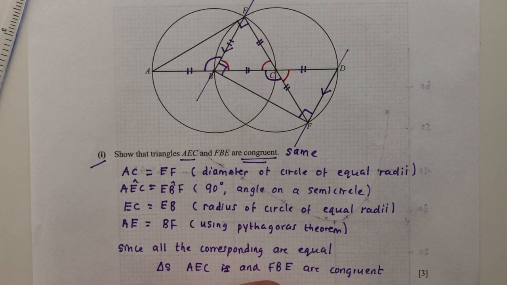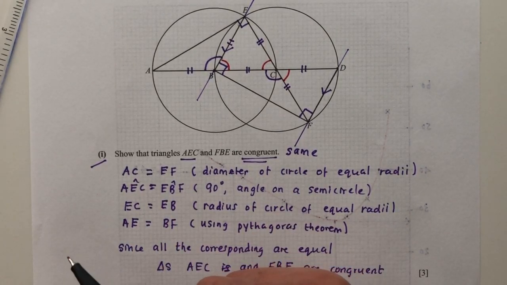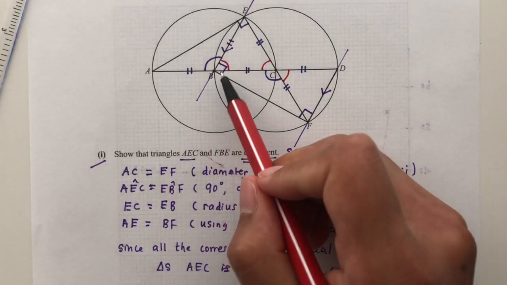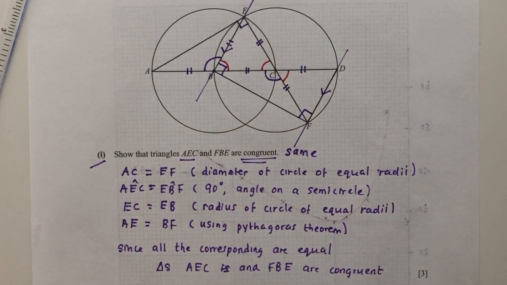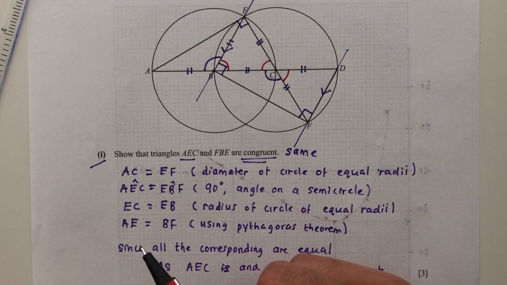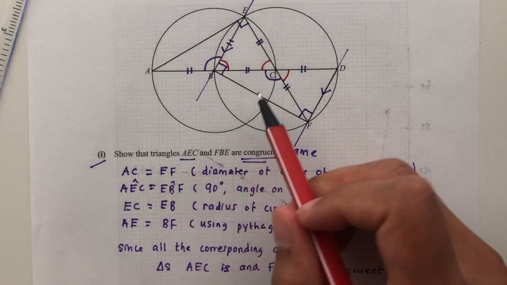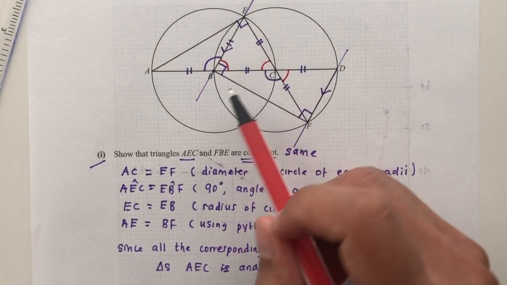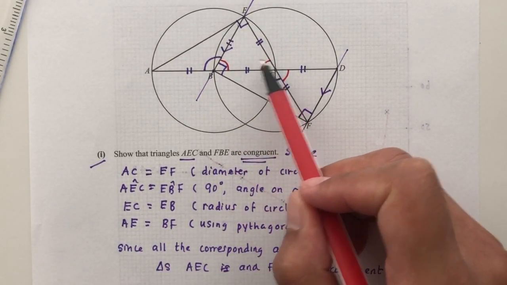Okay, so we know this one from that. And then what else can we know? Based on that, as you can see, this one will be what?